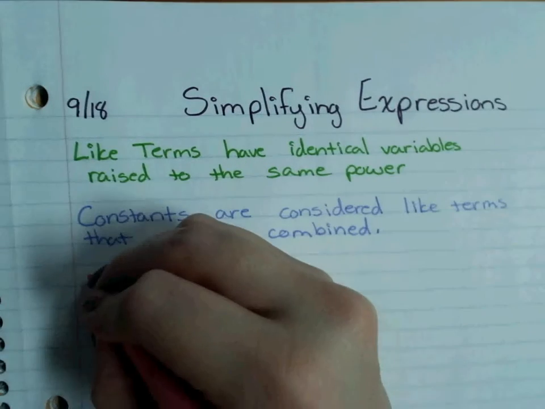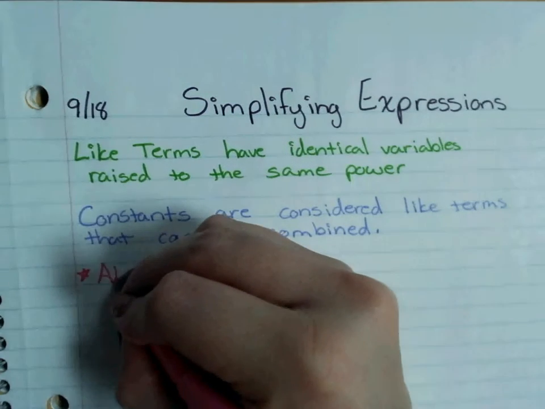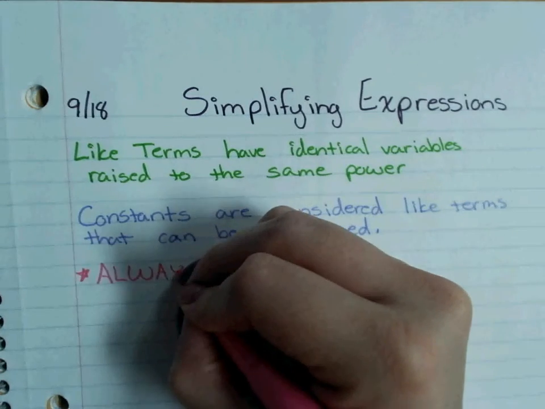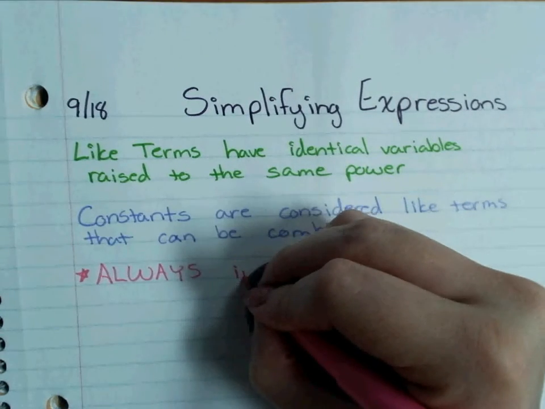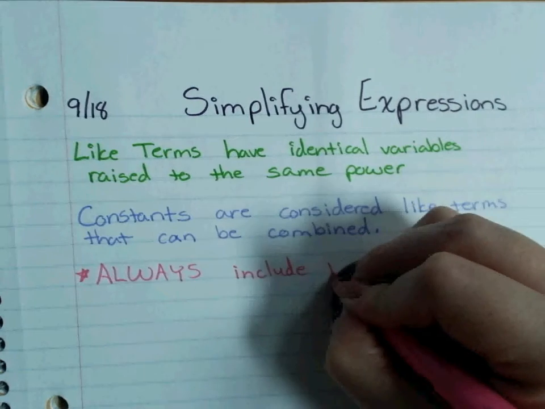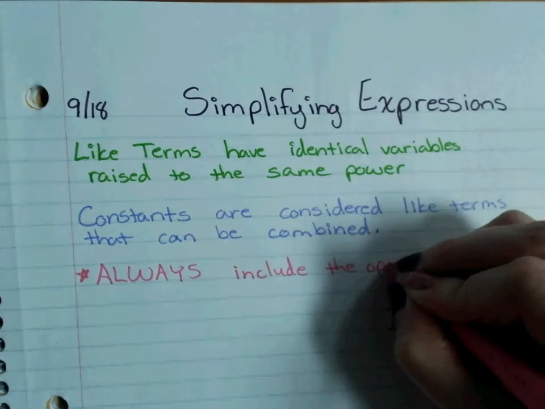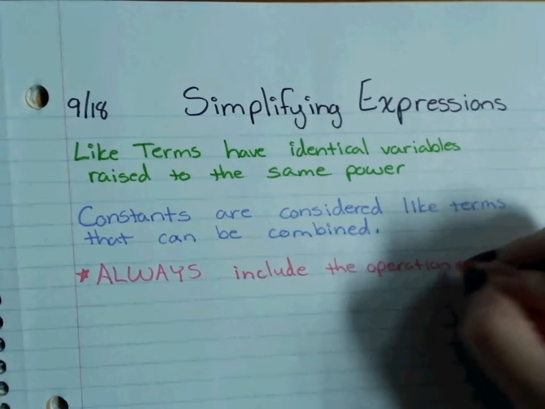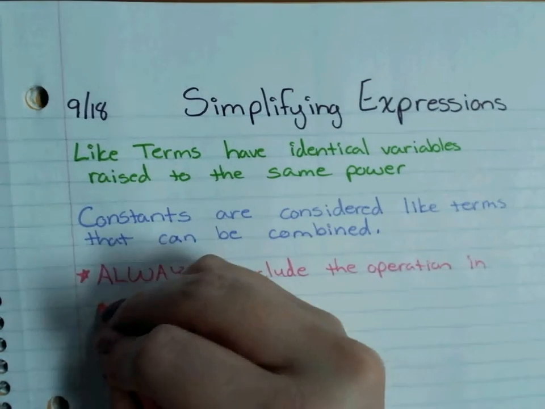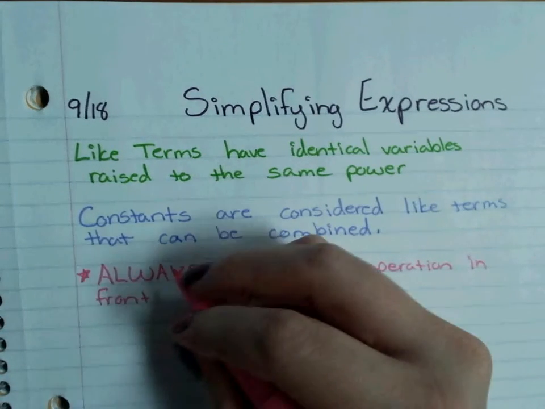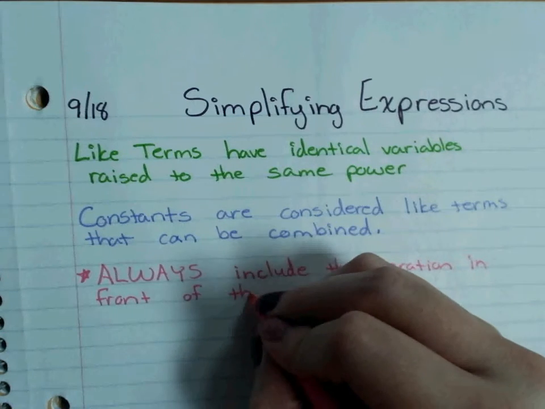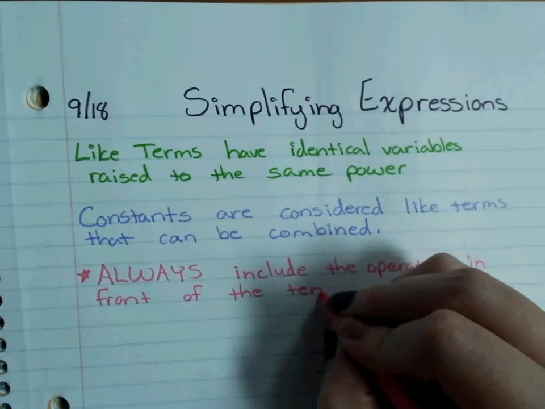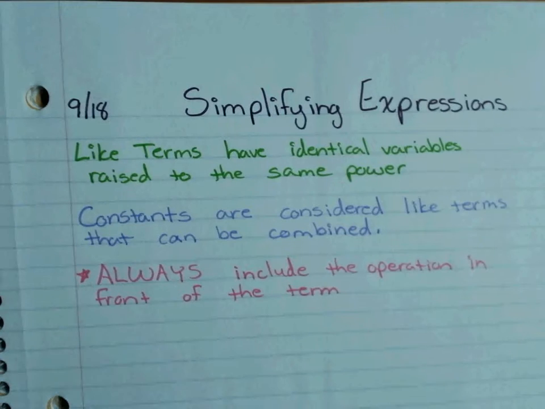So let's make that a really important note. Always, always, always include the operation in front of the term. Now, in front of the term means it's on the left side of the term. So plus 7. Minus 6x. Okay?